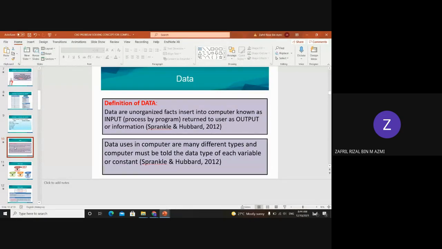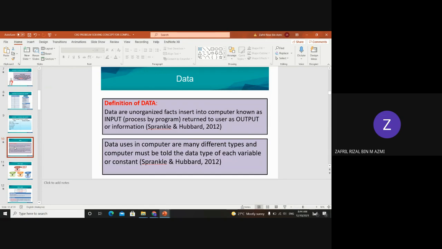You don't have to tell the advanced computer language, but we are talking about traditional. Traditionally, when we want to develop a program, we need to tell the program what data it will process.